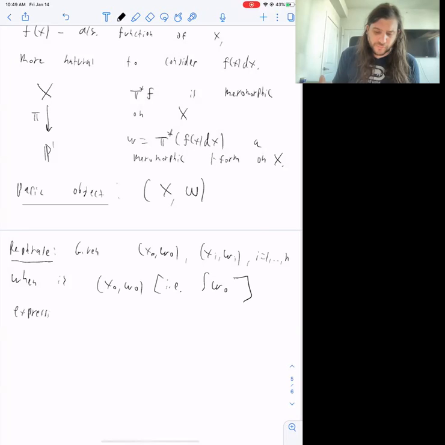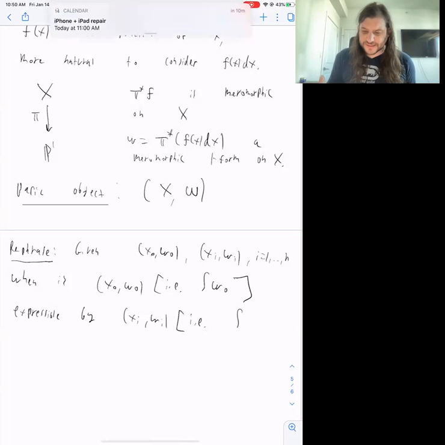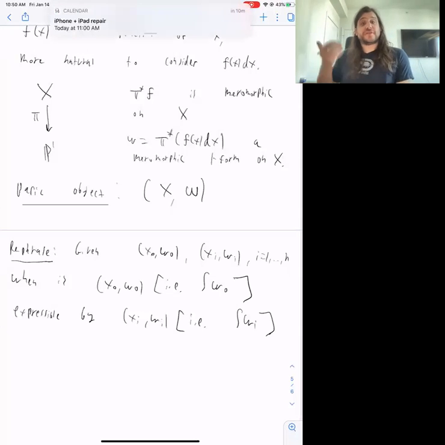expressible by the xi, omega i? And again, what that means is the integral of these omega i functions. So once you adjoin primitives of certain differential forms on certain algebraic curves, which other ones do you get by sort of composition?